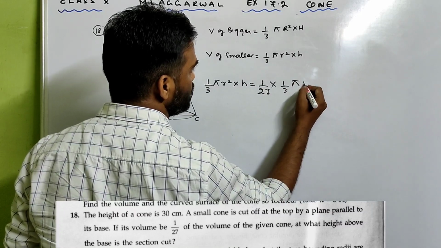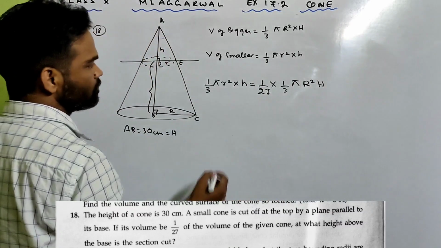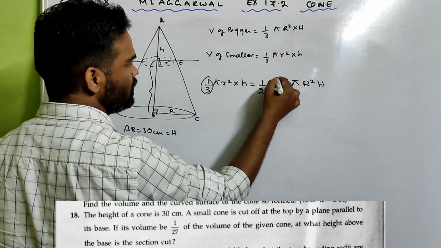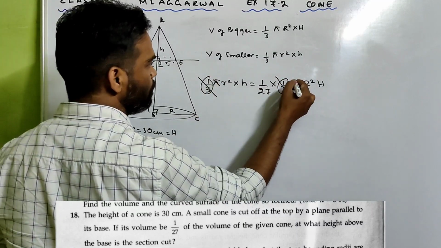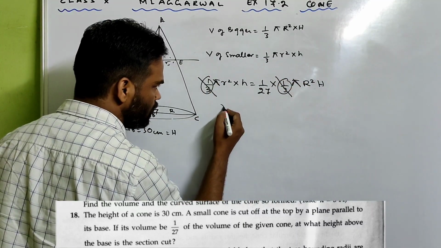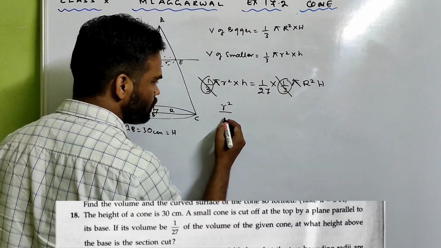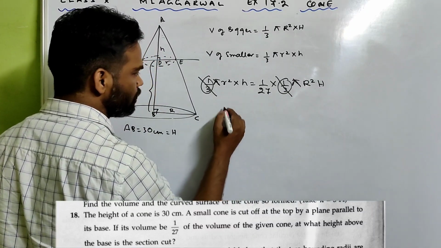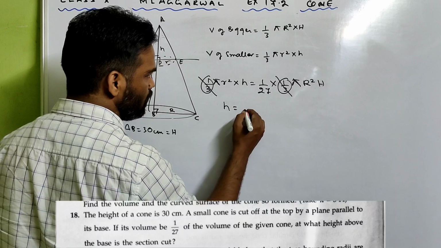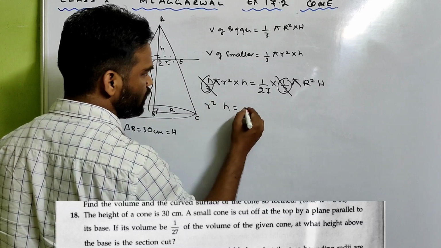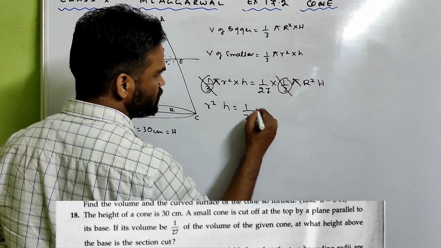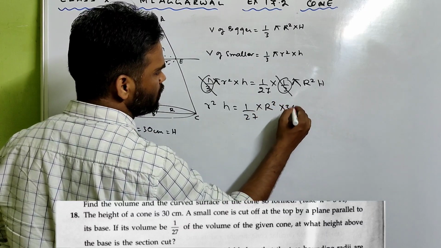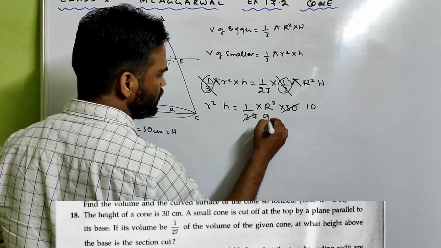The 1 by 3 cancels out, pi cancels out. Now I can write r square into h. I'll just put the value first, capital R square into 30, 10 times, 9 times.